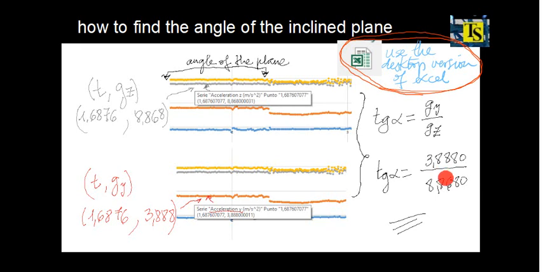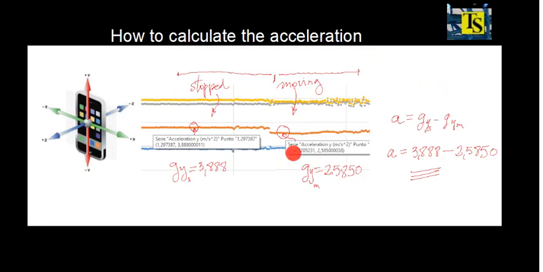The other one is the acceleration. When the gy is broken here, it is because the object starts moving. So you need the acceleration here. You measured here that the acceleration is 2.585 in all this line.